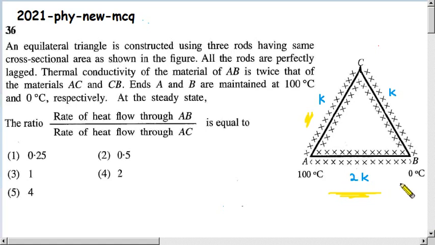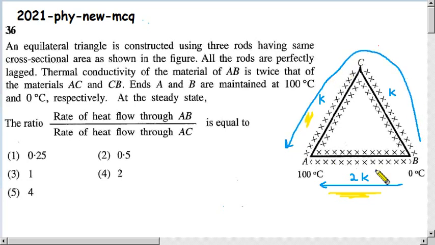When we come from this end to this end along this rod, the temperature rise is 100 centigrade, from 0 to 100 centigrade. The same way, if we come along this path, the temperature at this right side is 0 centigrade, here 100 centigrade. So there is a 100 centigrade rise along this path.